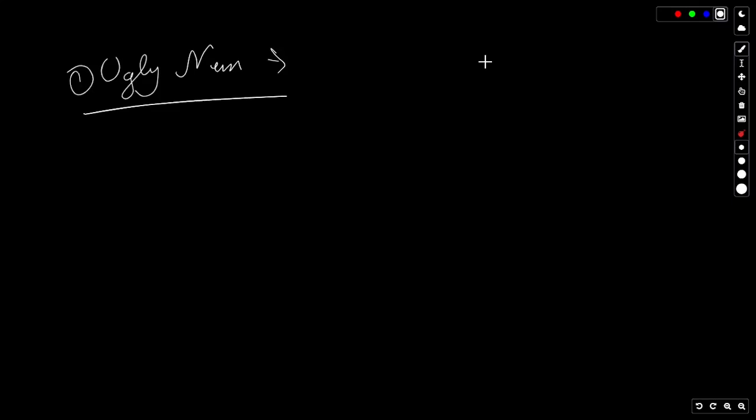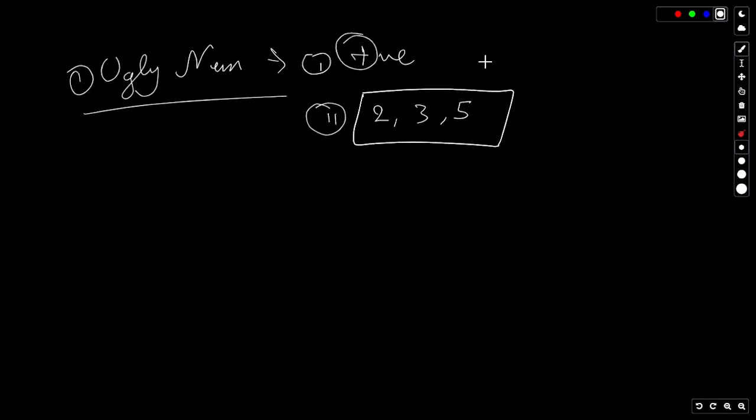An ugly number is, first of all, a positive number, and second, it is a number which doesn't have any prime factor other than 2, 3 and 5. For example, take a number like 12.